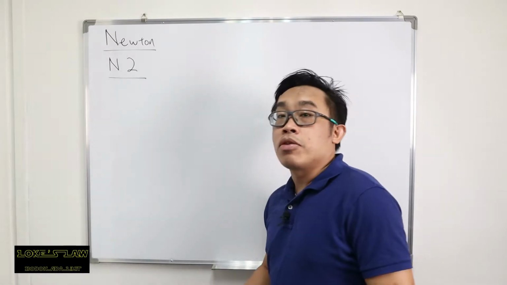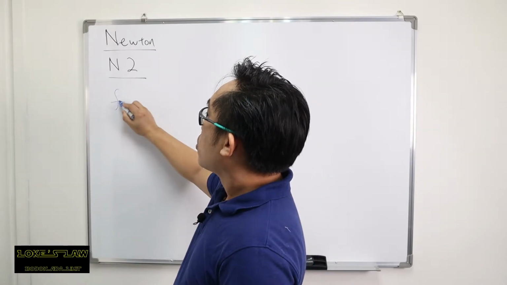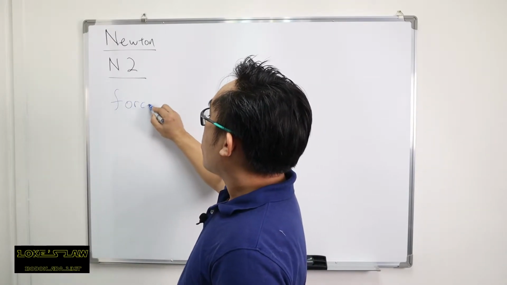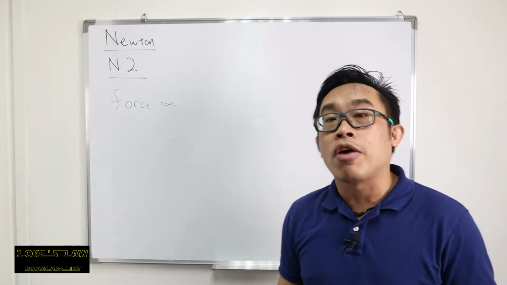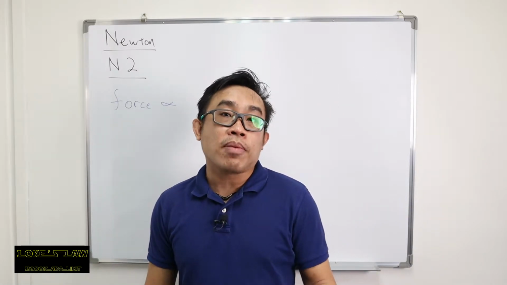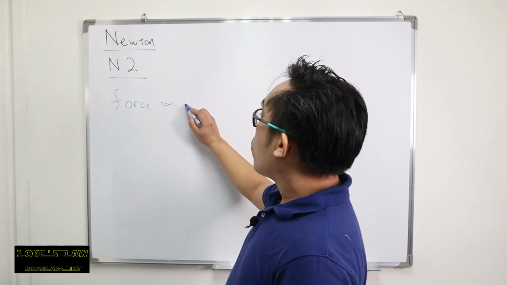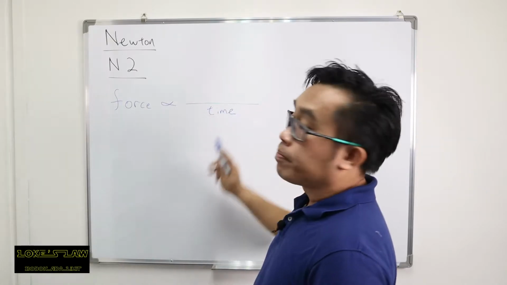According to Newton's second law, the force applied on a certain object is proportional to the rate of change of momentum. Always remember this: every time you see the word rate, it means that something needs to be divided by time.